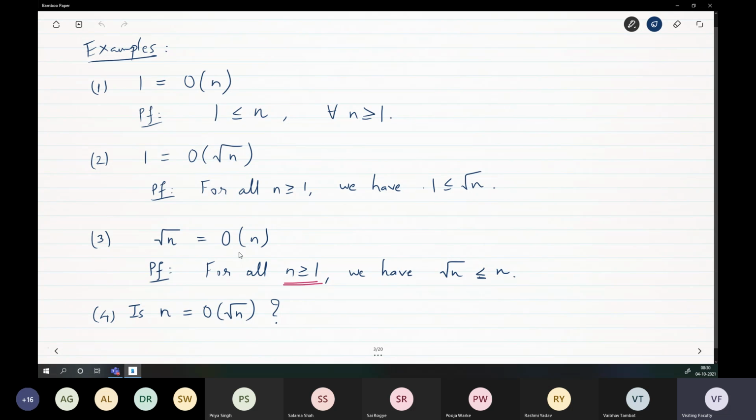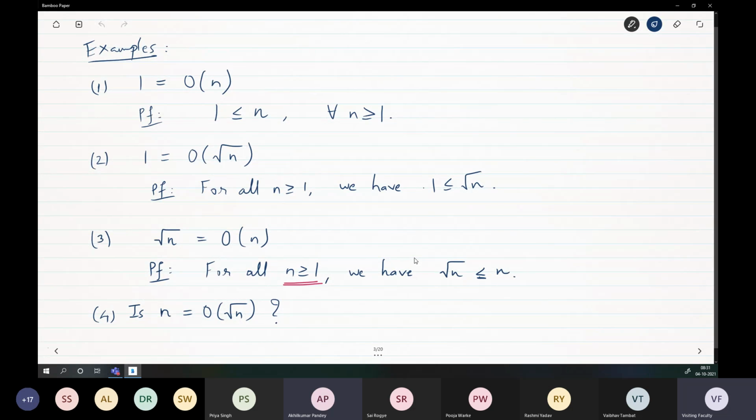Do you agree with this? Is this obvious now? Yes, sir. Okay. So now just look at this and say, is n big O of square root n? Forget the answer or everything. I just give you two functions. I say n is big O of square root n. What does it tell you? Is it correct or not?